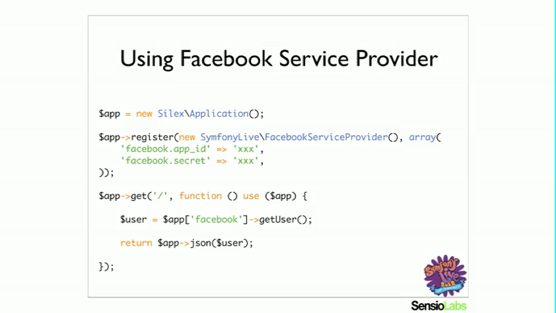App get goes to this method, and we can simply call the Facebook service and call getUser on this, and now it'll automatically log you into Facebook and come back with a token. And all of that in like 20 lines of code. So it's very easy to extend Silex. Whether it's just for your application and one time, or whether it's to create a service provider that you can reuse and contribute to the community, it's extremely easy.